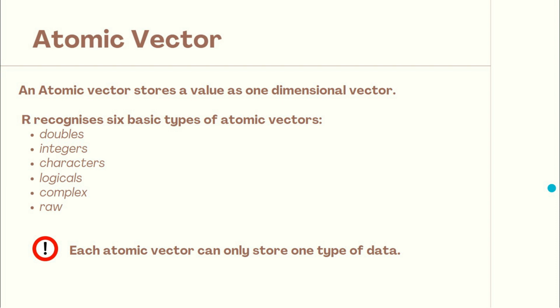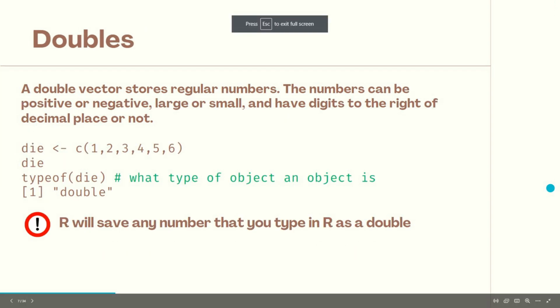And there are 6 types of atomic vectors in R: doubles, integer, characters, logicals, complex, and raw. So we will see these types one by one. Now let's discuss the first type of atomic vector, doubles. Doubles is a vector that stores regular numbers.